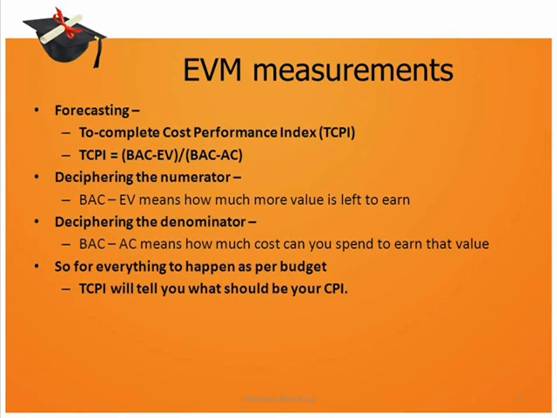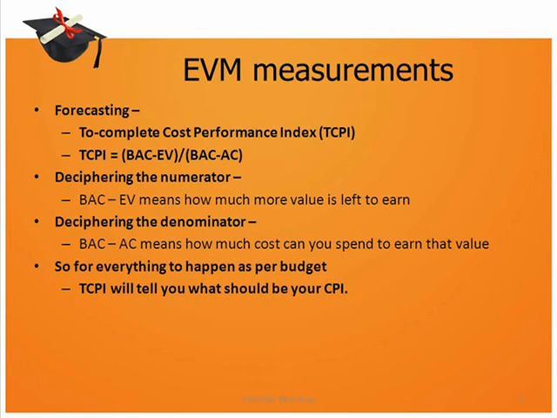Let us now try to understand the numerator and the denominator in this formula of TCPI. If you have a look at the numerator, it is equal to BAC minus EV, which means that out of your budget, if you subtract the earned value that you have earned so far, what is the value left to earn?